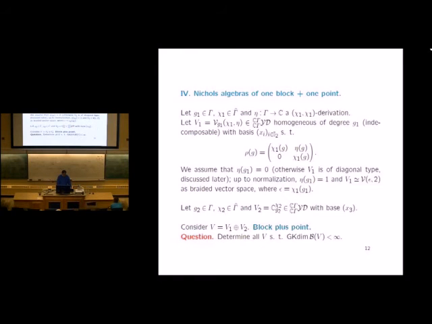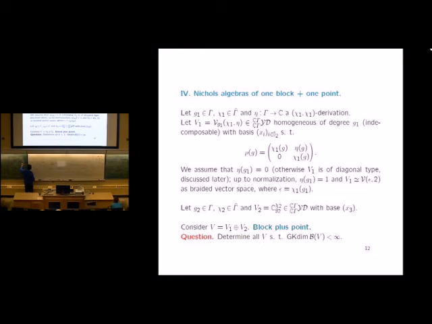Okay. So essentially the next case is when V, again V is V1 plus V2. This is a block. So this will be V of epsilon 2 with epsilon squared equal to 1.